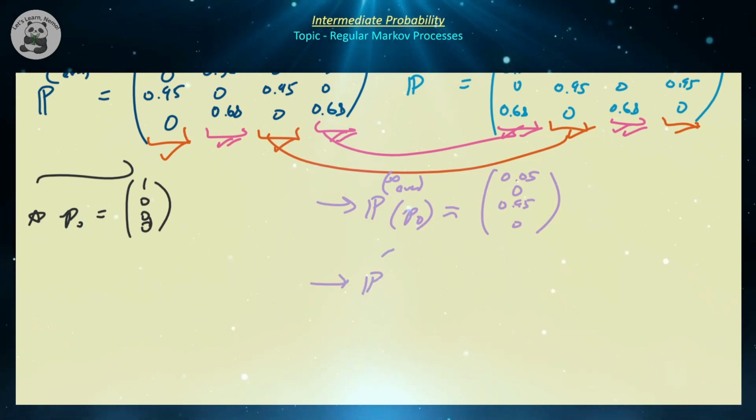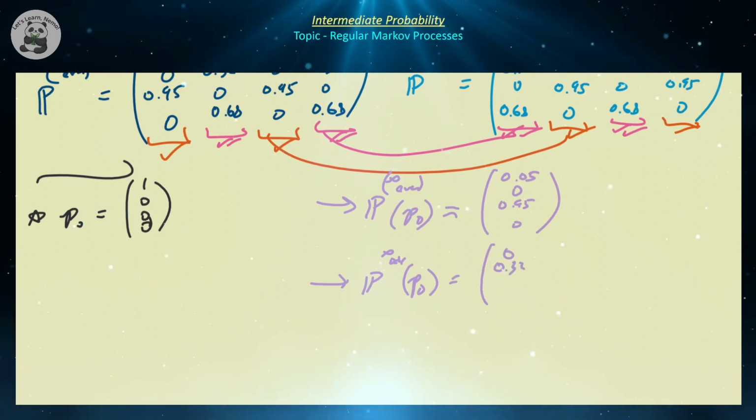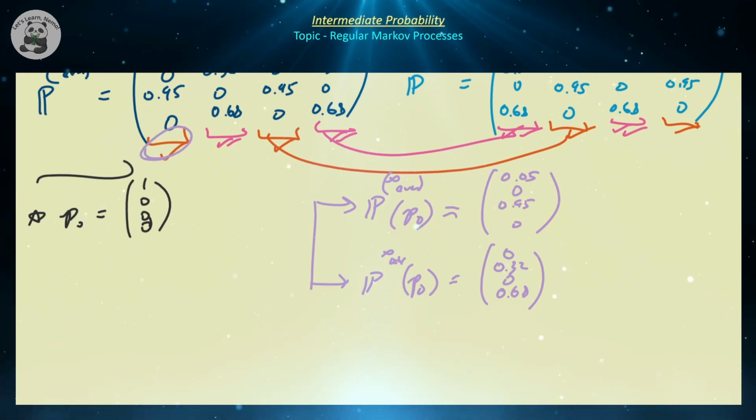And P infinity odd of P0, take a guess what this vector is. This is actually pretty interesting: 0, 0.32, 0, and 0.68. So you get those vectors that are in column 1 and column 2 of the P infinity even matrix, or column 1 of the P infinity odd matrix, respectively.